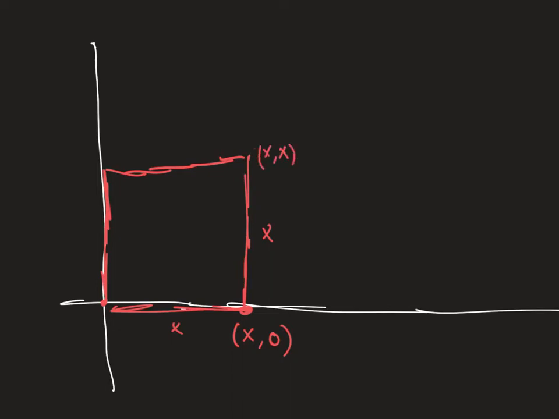If I draw this square, you might be wondering, well, we don't know the coordinates, which is true, but we can say the coordinates of this vertex right here, we can call x, 0, because we know the y coordinate is 0, and the x coordinate we can call x, meaning the side length of this square is x, which means because it's a square, this distance is also x, so this point is x comma x, which means this point over here is 0 comma x.